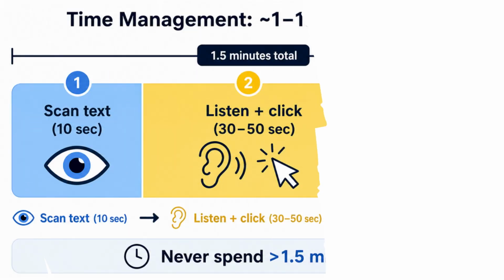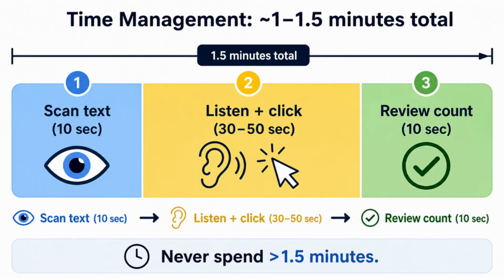Time management is critical in highlight incorrect words. You have about 1 to 1.5 minutes per question. Here is the PTE Mantra time breakdown. Step 1. Quickly scan the text, 10 seconds before audio starts. Step 2. Listen to the audio and click incorrect words, 30 to 50 seconds. Step 3. Review your selections, 10 seconds after audio ends.